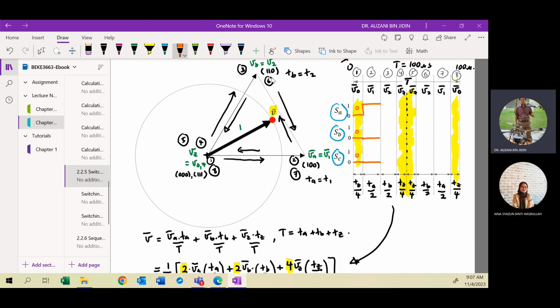Then it will jump to V2 at interval number 3, where the state is 1, 1, 0. Is it right? SB here will suddenly change from 0 to 1, so 1, 1, 0. This one maintains 0. Right. Very interesting topic. Actually the space vector is a popular title for a final year project.